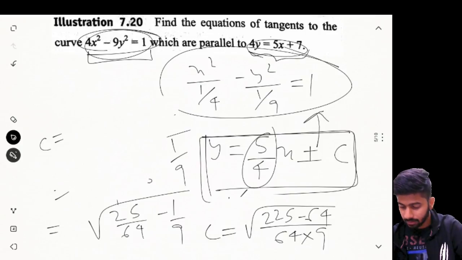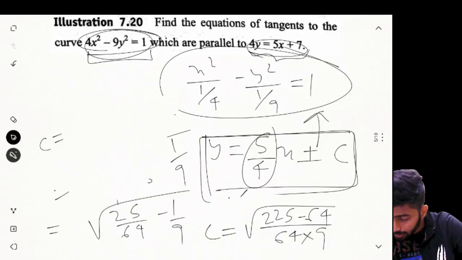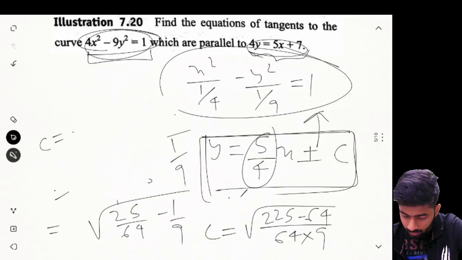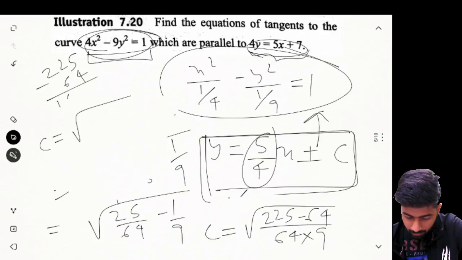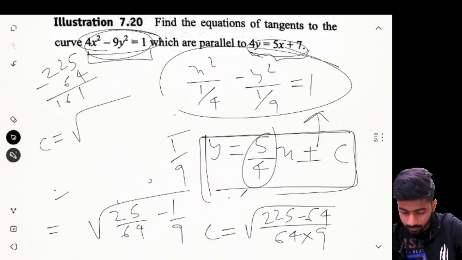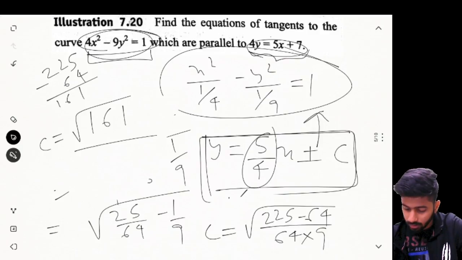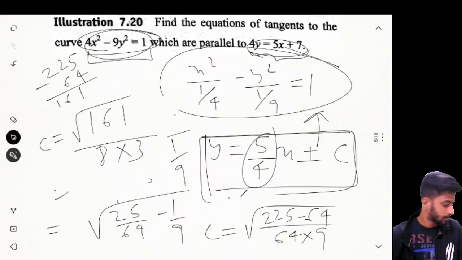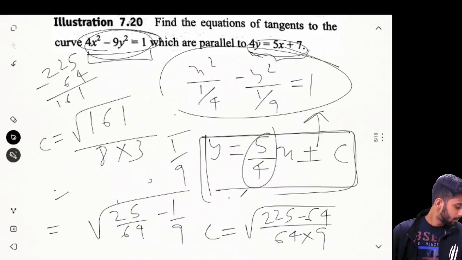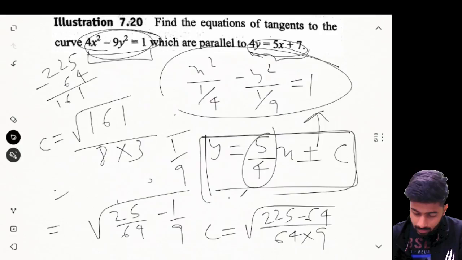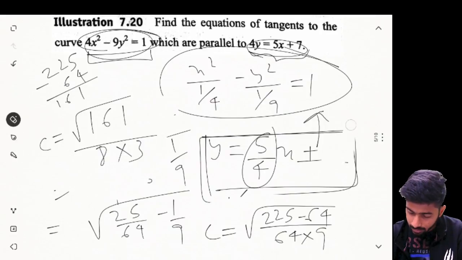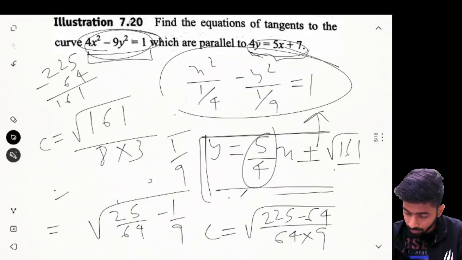So 225 minus 64 is 161, right? Divided by under root 64 into 9, which is 8 into 3. So this means your c has to be plus or minus under root 161 by 24.